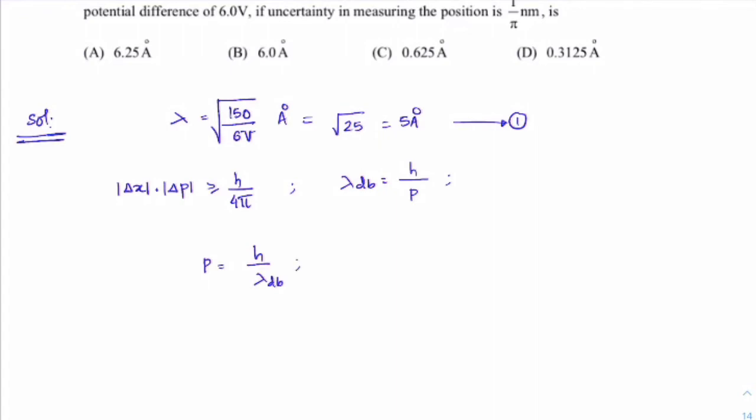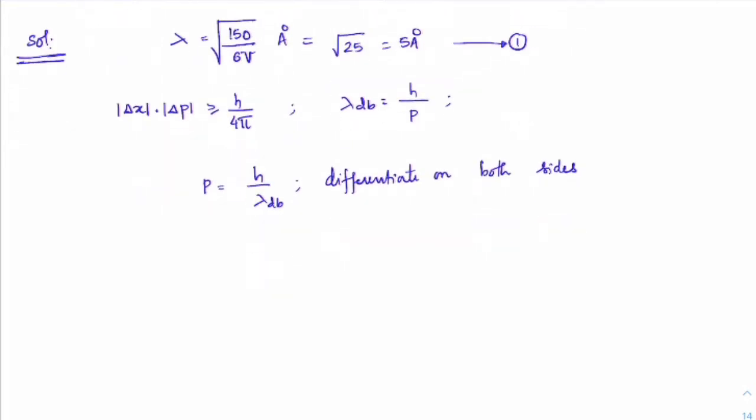So now differentiate on both sides. When you differentiate on both sides, I'll get dP is equal to minus h by lambda dB square into d lambda. So if you take the magnitude, dP will be equal to h by lambda of dB square into delta lambda.